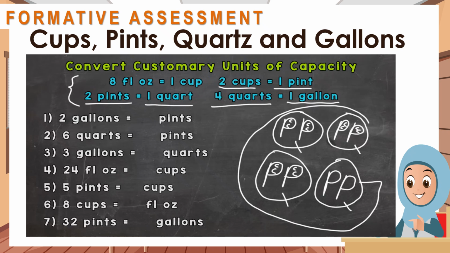We would need 16 cups to fill a gallon. Now lastly, we have 8 fluid ounces in 1 cup. Now that's just going to get too small to put 8 fluid ounces in each of those C's, so we are going to leave that one out of this here.